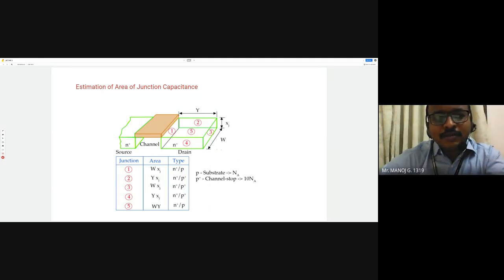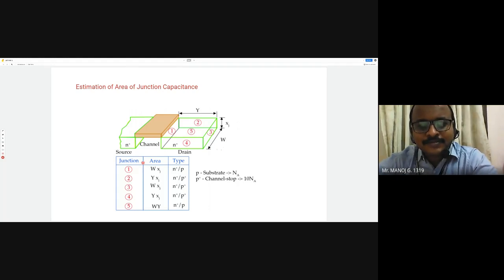Okay, go ahead. Tell me what is the area of 5, that is this region. What would be the length and what is the breadth? W is the length. What is the breadth?